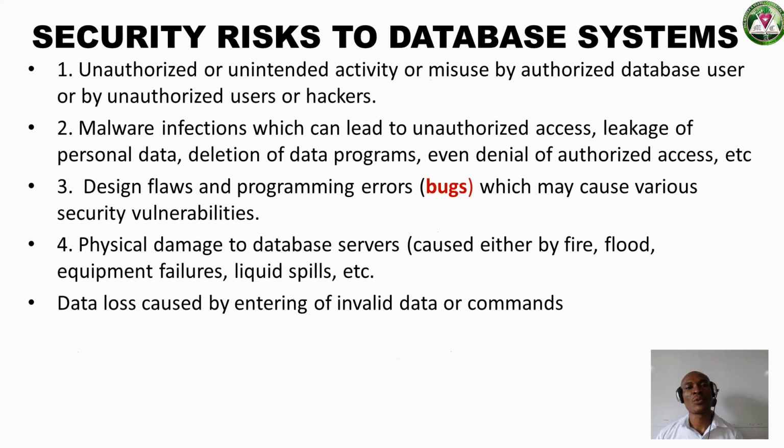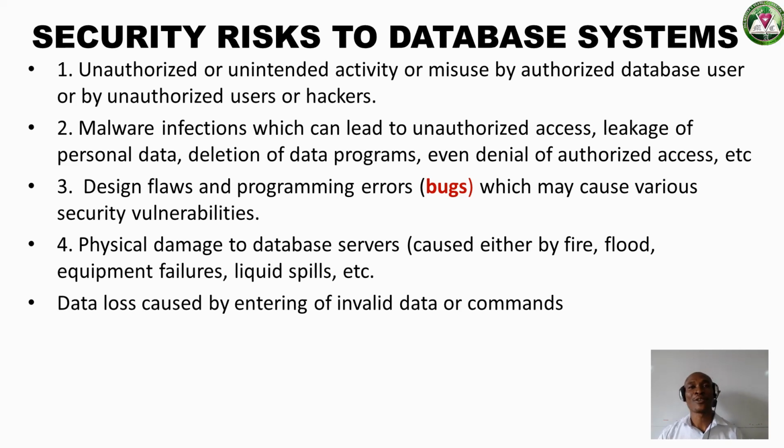Now the next thing we look at here is security risks to database systems. What are the security risks to database systems? Number one, unauthorized or unintended activity or misuse by an authorized database user or by unauthorized users or hackers.